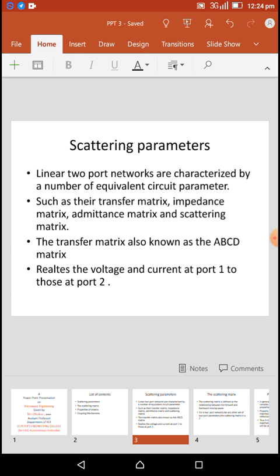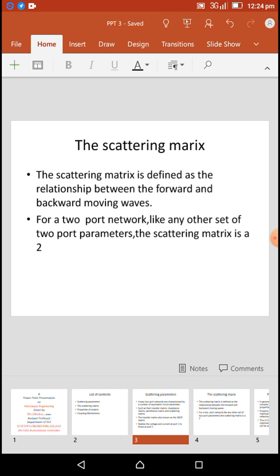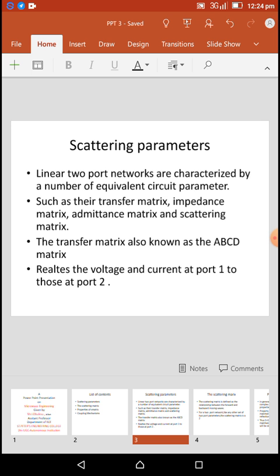The transfer matrix, also known as the ABCD matrix, relates the voltage and current at port 1 to those at port 2, whereas the impedance matrix relates the voltages V1 and V2 to the currents I1 and I2.